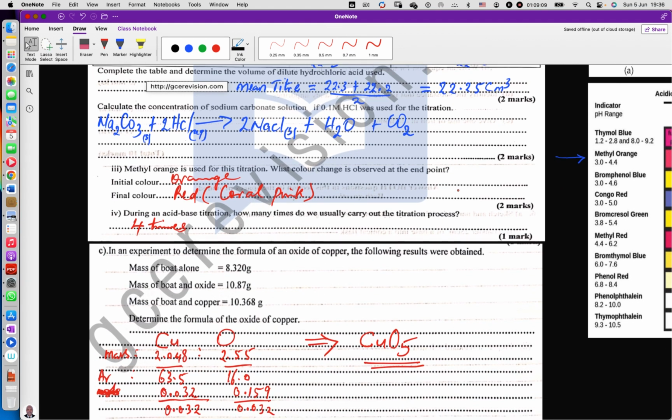So now calculate the concentration of the sodium carbonate, if 0.1 molar hydrochloric acid was used. Okay. Remember that when you write this equation like this, you will use this equation for your calculation.